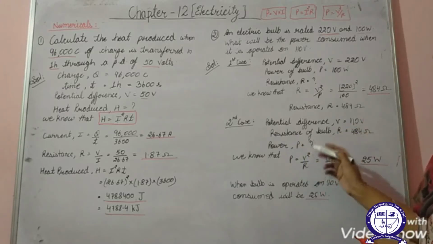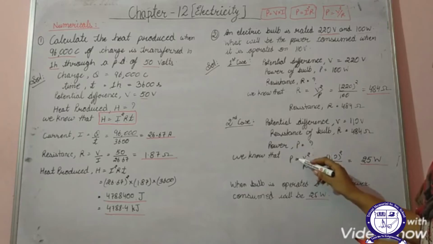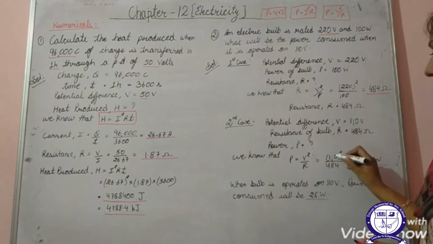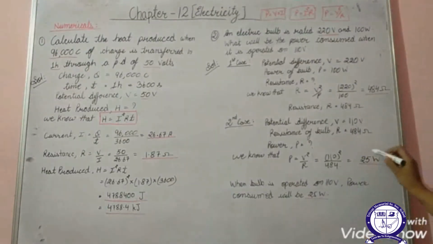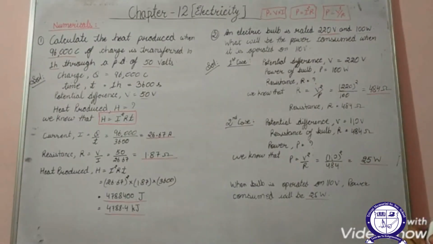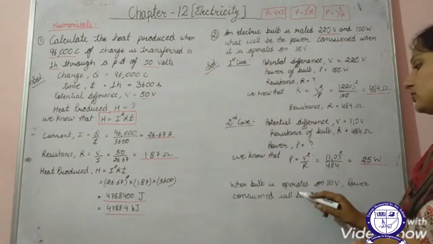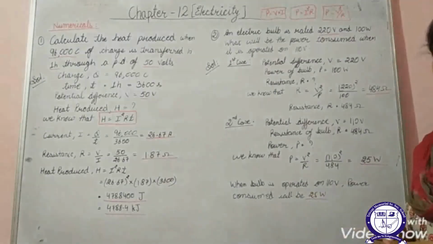Now we have to calculate the power. Again we'll use the formula P is equal to V square by R. On substituting the values of R and V, we'll get the answer to be 25 watt. So we can say that when the bulb is operated on 110 volt, the power consumed by the bulb will be 25 watt.